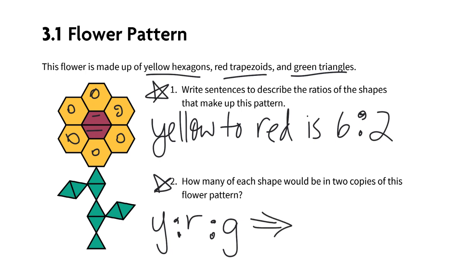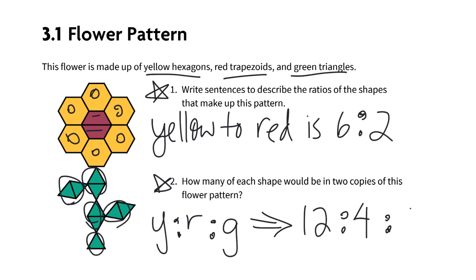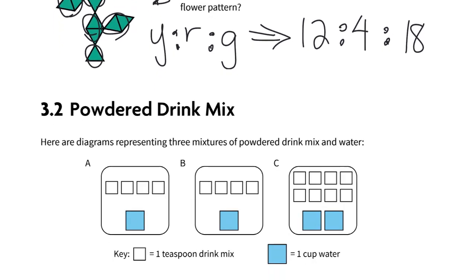So if we're going to have 2 copies of this flower pattern, instead of having 6 yellows, we're going to have 12. Instead of having 2 reds, we're going to have 4. And instead of having 9 triangles, we will have 18 triangles. So there you go.